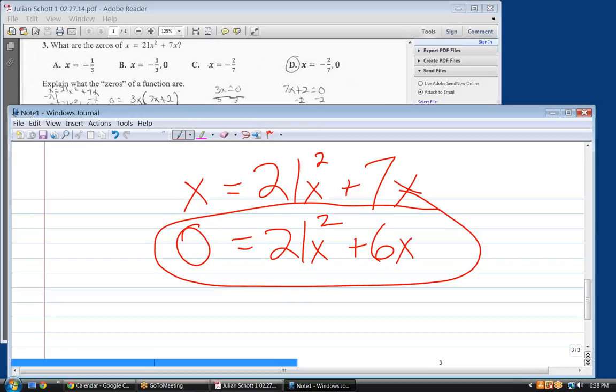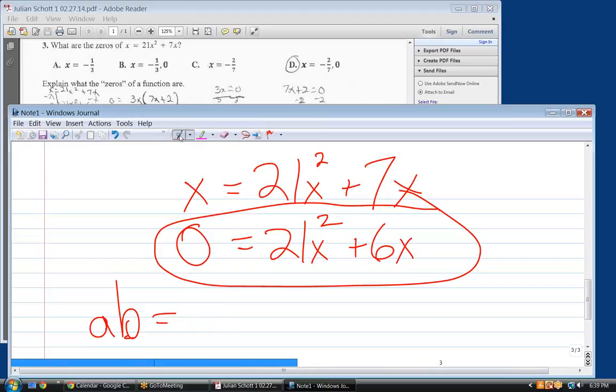I don't know. You want to factor it. The reason you want to factor it is because when you have 0 on one side of an equation, if I can make the other side the product of two things, then I can solve it. In other words, if you tell me that AB equals 0, then I know for sure that either A is 0 or B is 0.